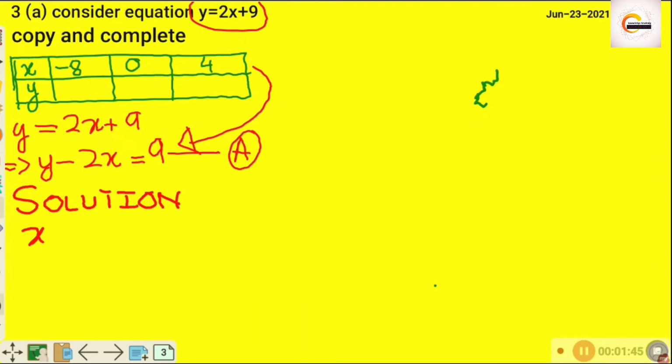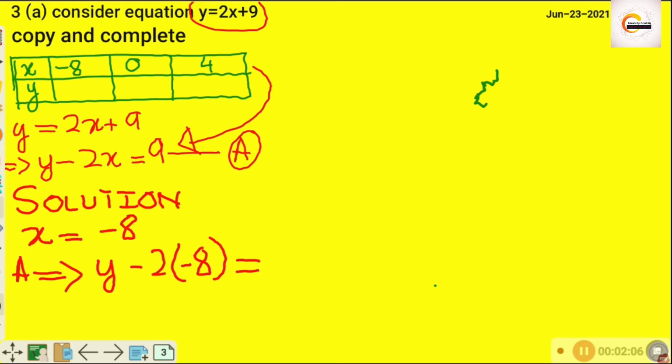If x equals minus 8, then equation A will be y minus 2 into minus 8 equals 9, and y minus minus 2 eights are 16 equals 9, so y plus 16 equals 9.